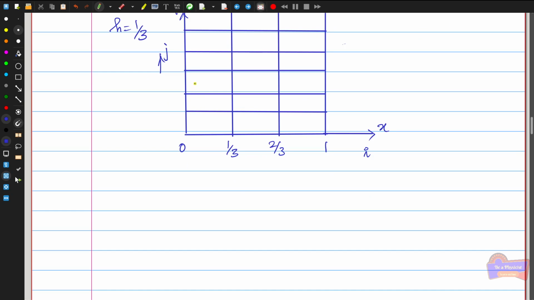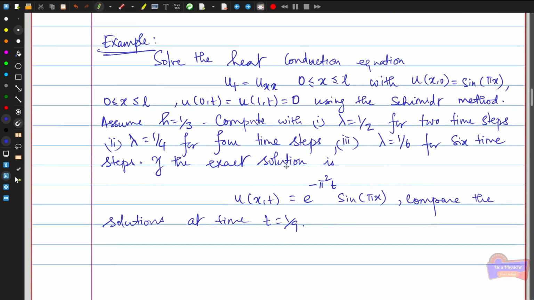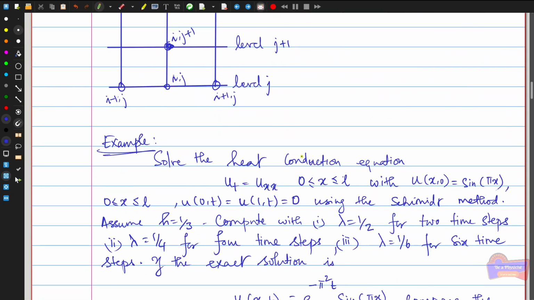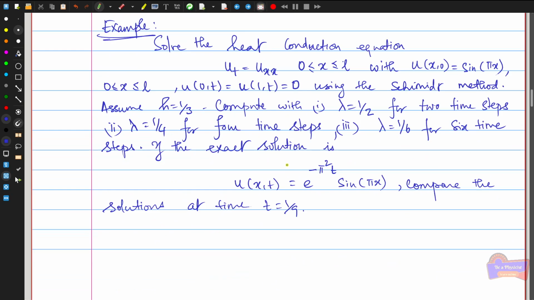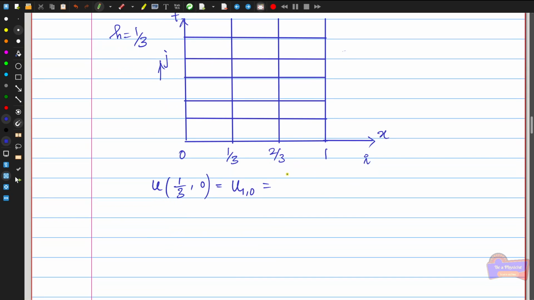So we have to find the solution at the two interior points, 1 by 3 and 2 by 3. The initial conditions are given as u of 1 by 3 comma 0, which is u of 1 comma 0, and the function is u of x comma 0 equal to sine of pi x. I can substitute the values of x here.